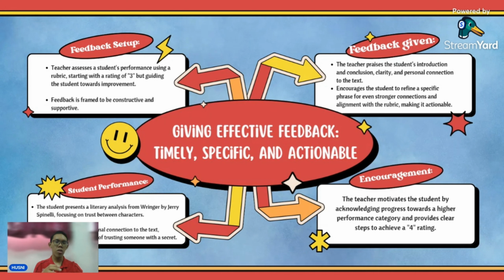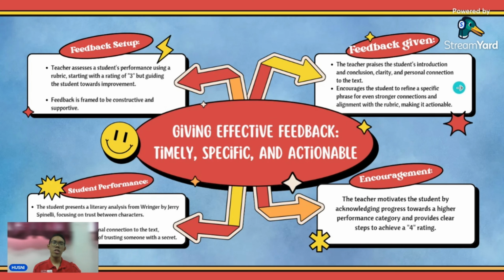Feedback is framed to be constructive and supportive. And then the feedback given. The teacher praises the student's introduction and conclusion, clarity, and personal connection to the text. Okay, as we can see from the video, it encourages the student to refine a specific phrase for even stronger connections and alignment with the rubric, making it actionable.